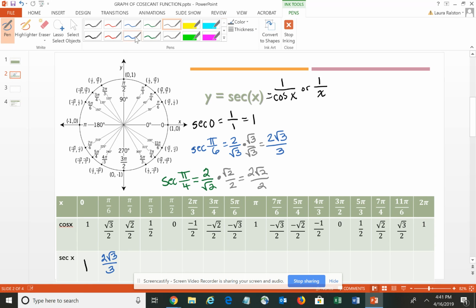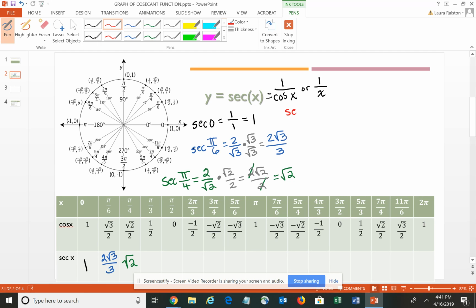Since I have a 2 in the numerator and a 2 in the denominator, they divide out, and I'm left with the square root of 2. The square root of 2 is approximately 1.4.